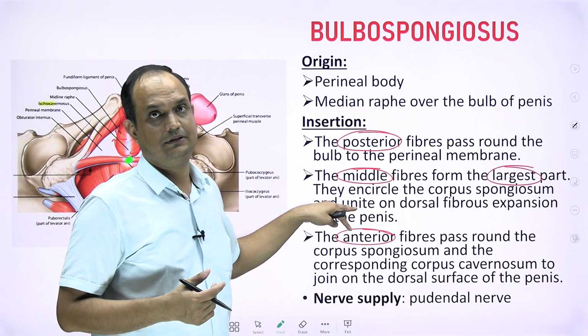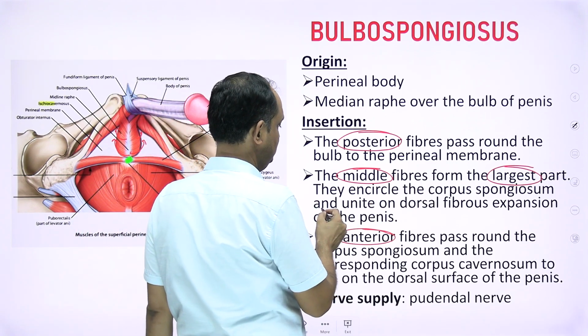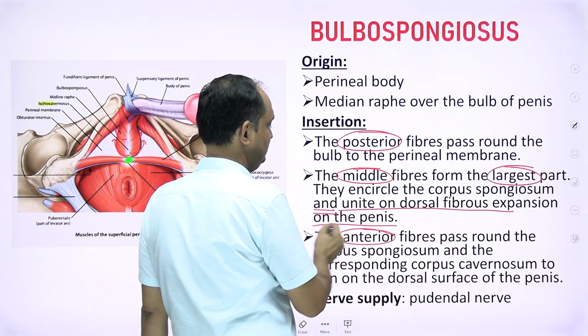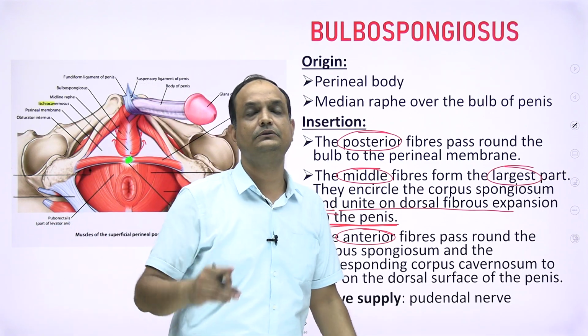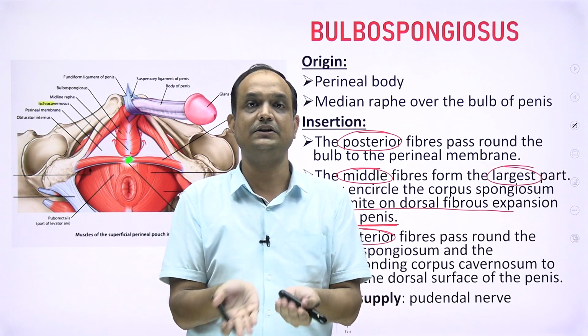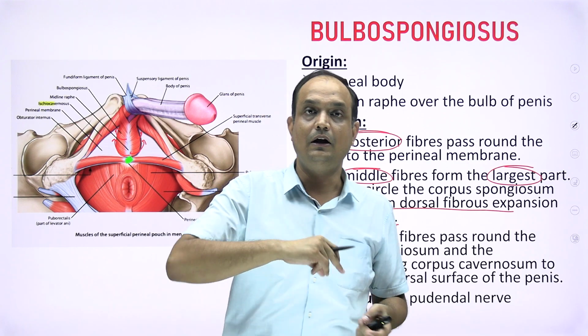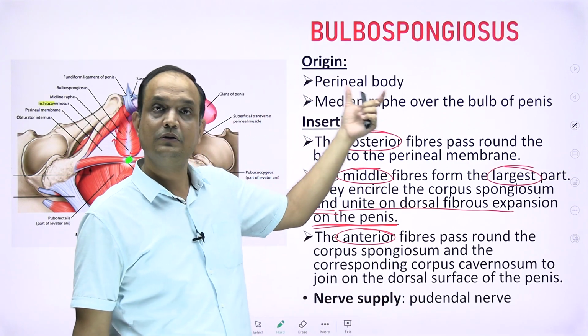The fibers of the bulbospongiosus encircle the corpus spongiosum and unite on the dorsal fibrous expansion of the penis. So, on the dorsal surface of the penis you will find a fibrous extension, and that fibrous extension receives the muscle fibers around the corpus spongiosum, and these muscle fibers are known as bulbospongiosus.